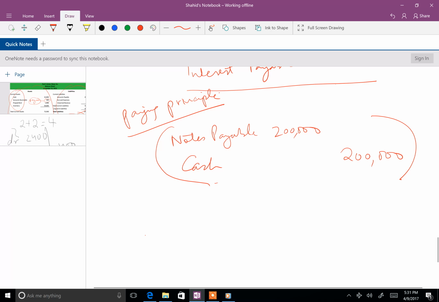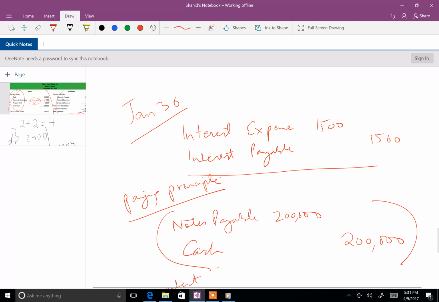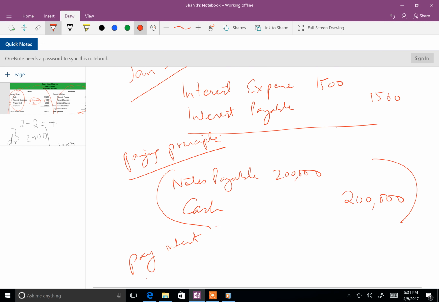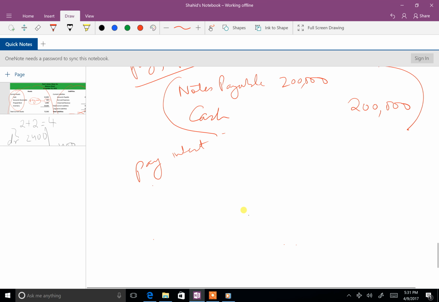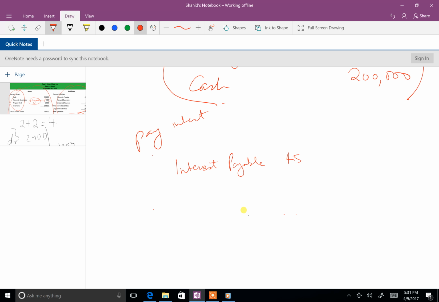Now let's pay interest. Interest is all under payables, right? We have payable of 3,000 before, and then 1,500 later, so in total 4,500. So we can do this: interest payable is going to be 4,500, and cash 4,500.